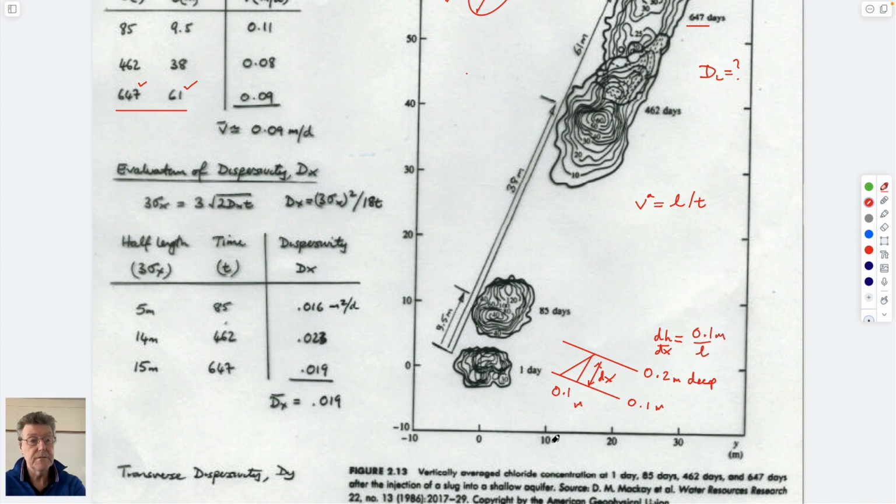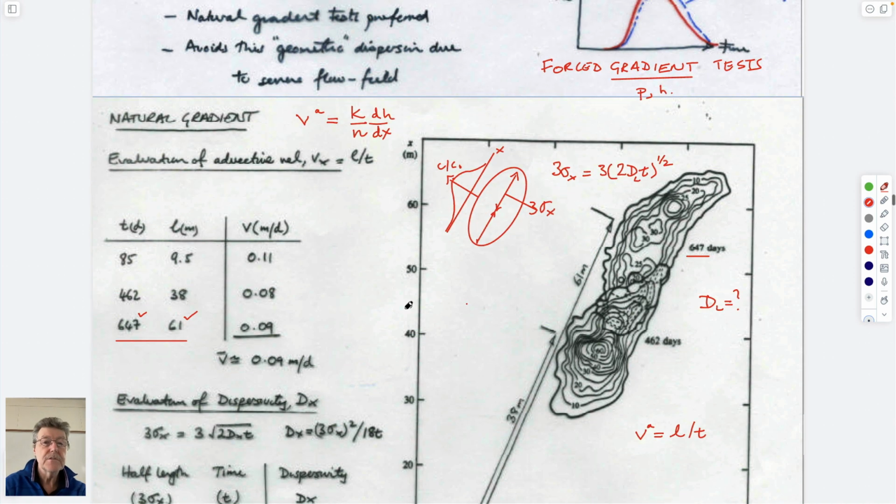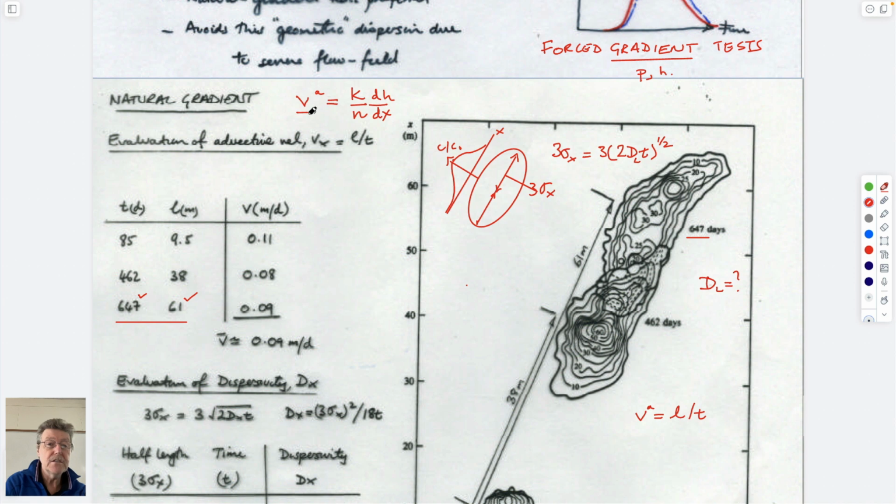Easy to do. So if you measured the head drop in one direction and in the orthogonal direction, presumably in the orthogonal direction there is no head drop. So you have the ability to get advective velocity.